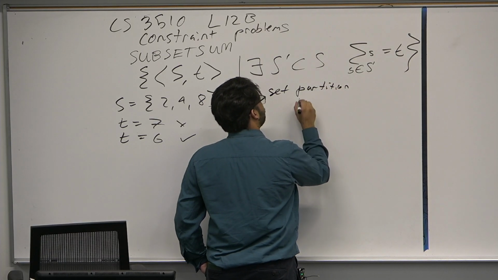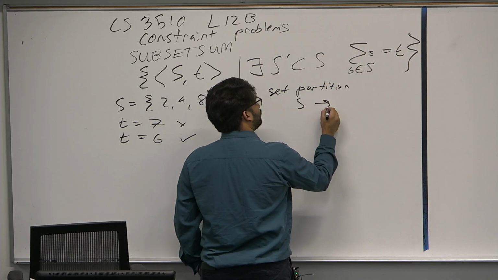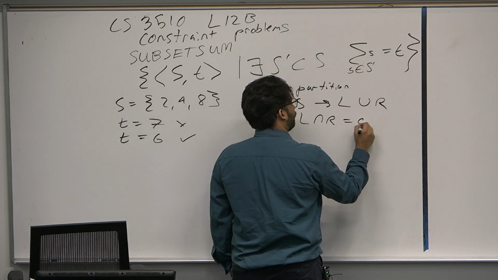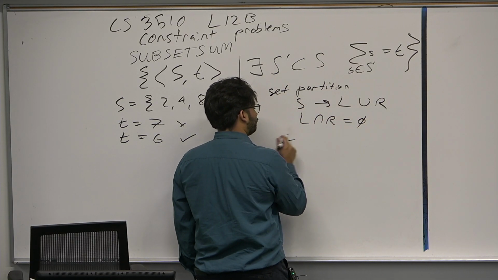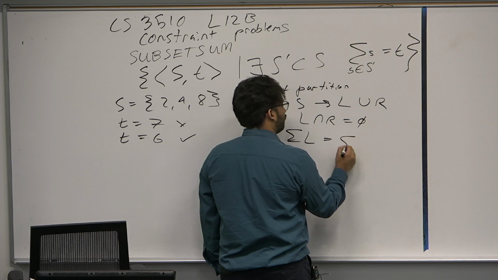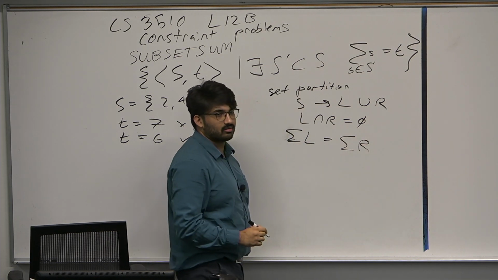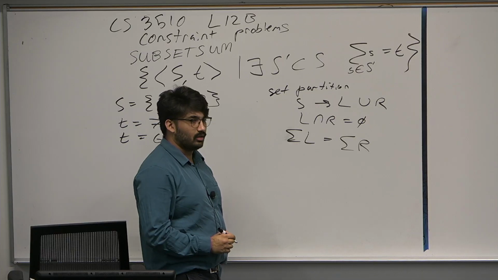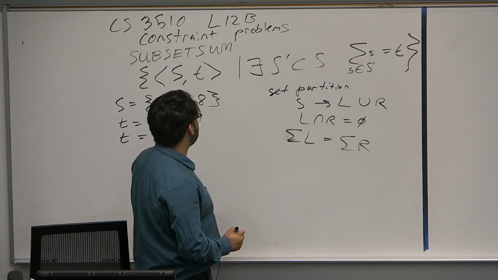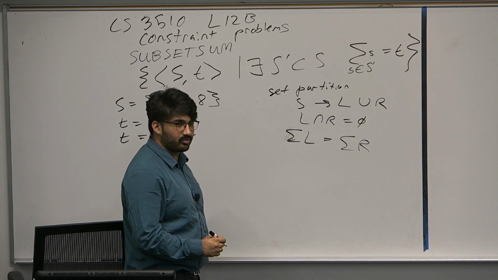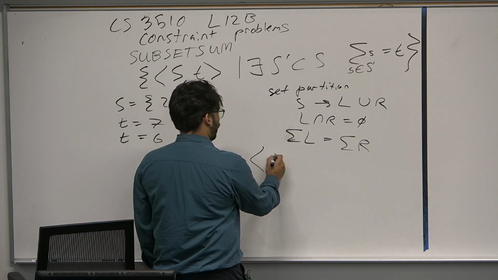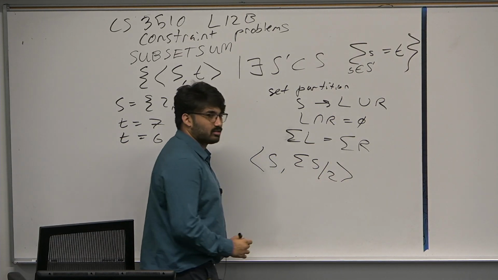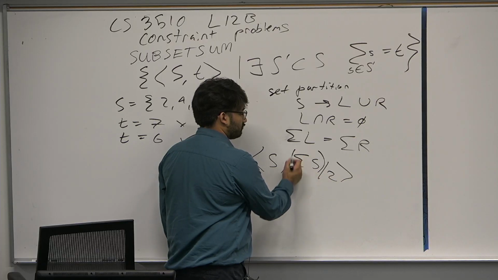You're given S, and you are asked to split it into L, R, such that they're disjoint, and the two have the same sum. This is called set partition, and there's an obvious reduction from one to the other, because you just consider problems of the form, can you sum to something that's half of that? Fine.